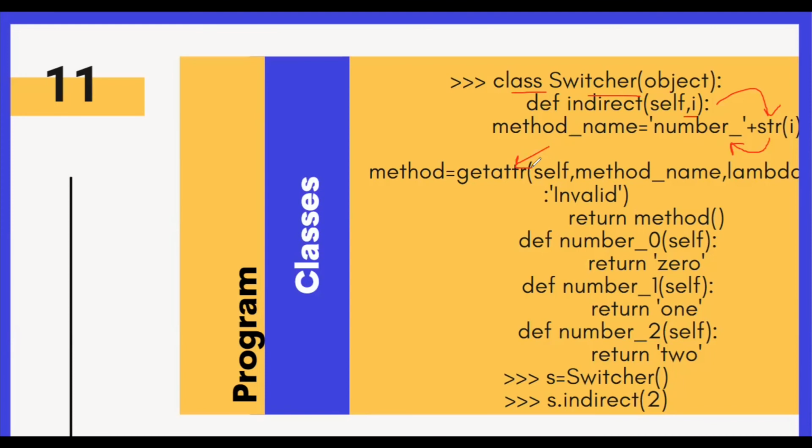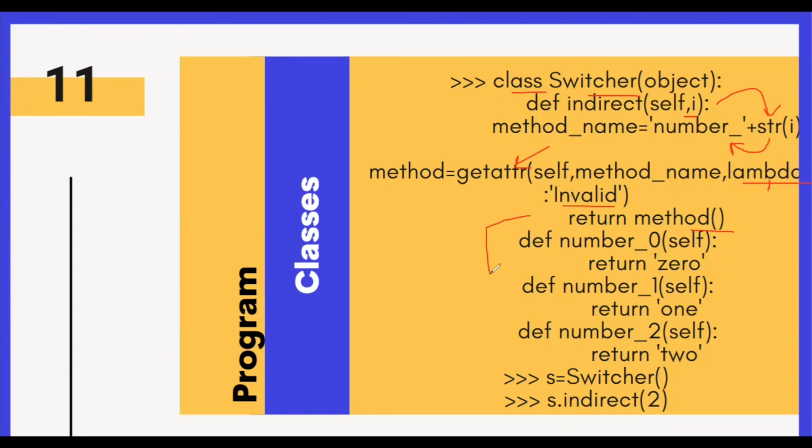The getattr method returns a matching function available in the class. So whatever matching function is available, it will return it. And if the string doesn't find a match, then getattr returns the lambda function as a default. Now here you can see lambda invalid. So this will be the default value.